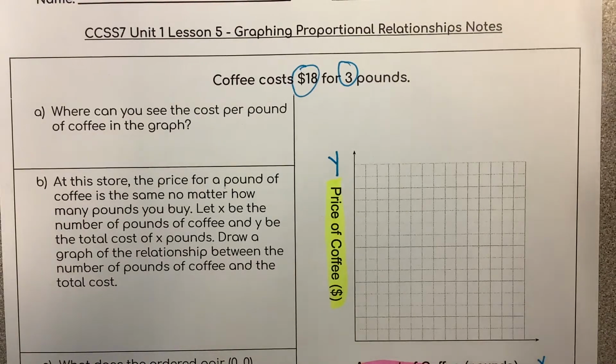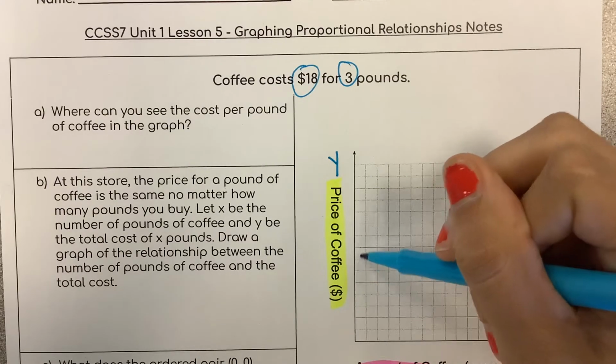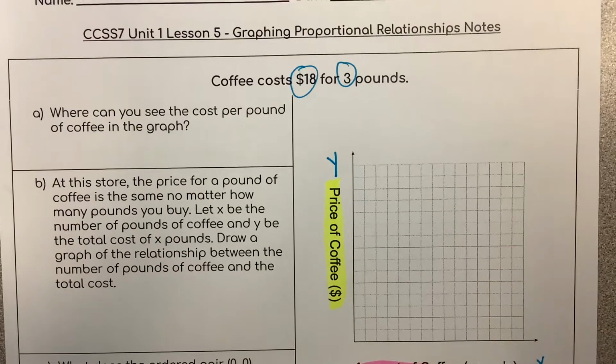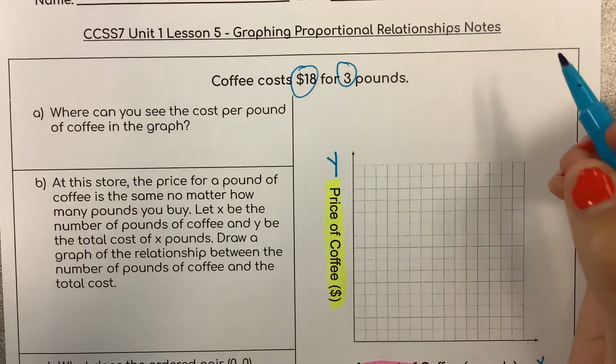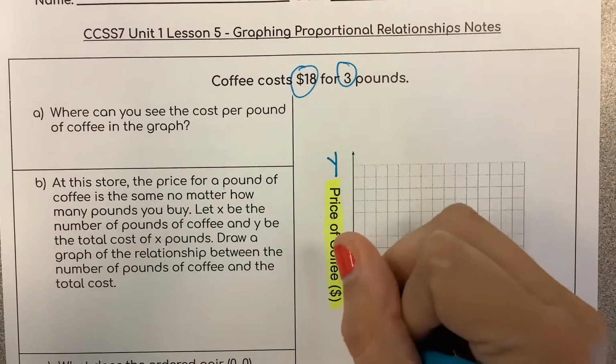So maybe, let's see, we've got 1, 2, 3, 4, 5, 6, 7, 8, 9, 10, 11, 12, 13, 14, 15. We need to go up to 18. So maybe each of these represent, every other is 3.